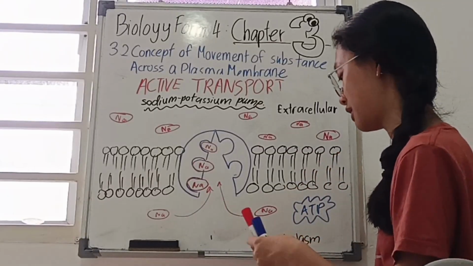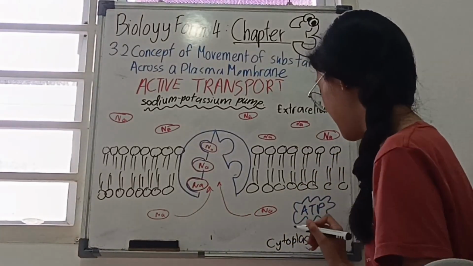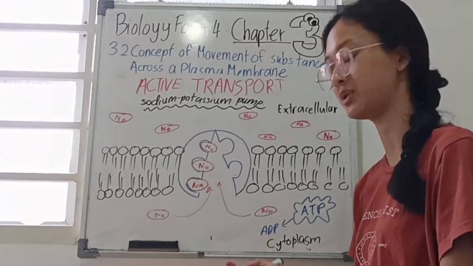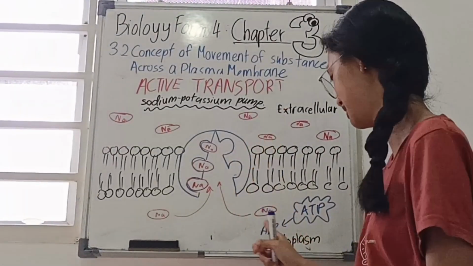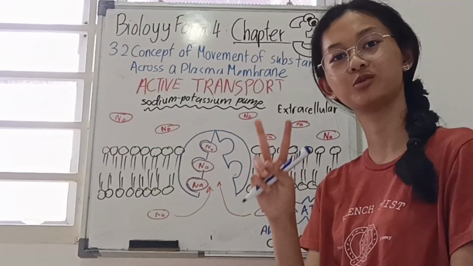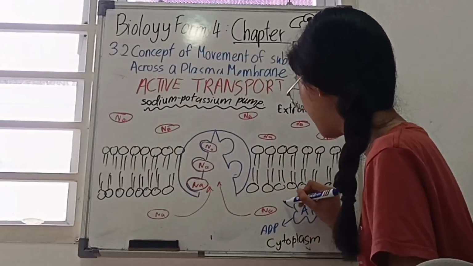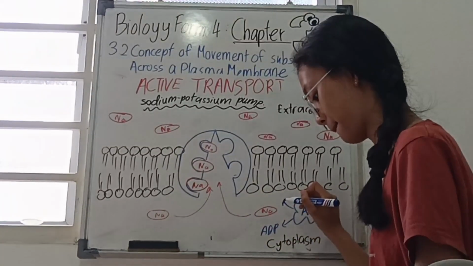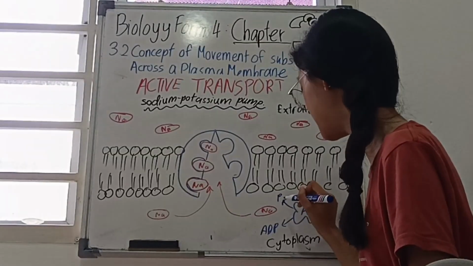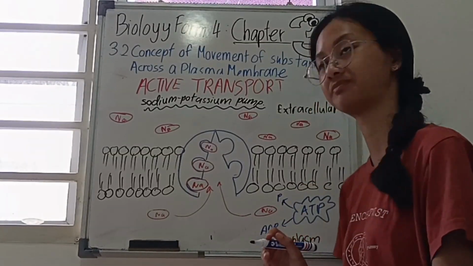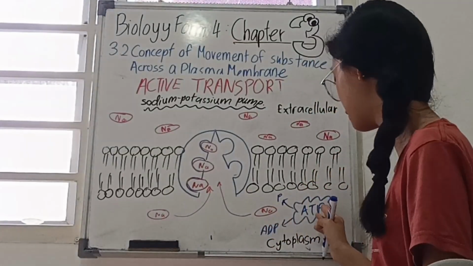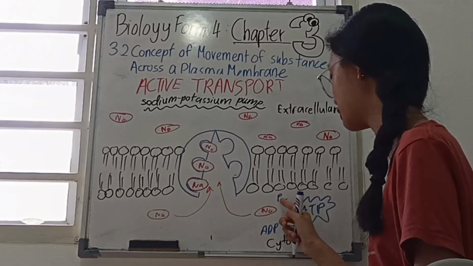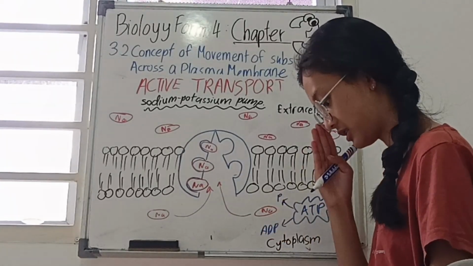But then ATP will turn itself into ADP. How does ATP become ADP? Because the T has 3, the D has 2. They will break and separate, becoming ADP and another P. So this one has 3 P's, this one has 2 P's, because one of the P's goes out.